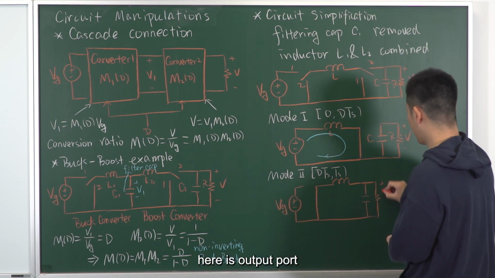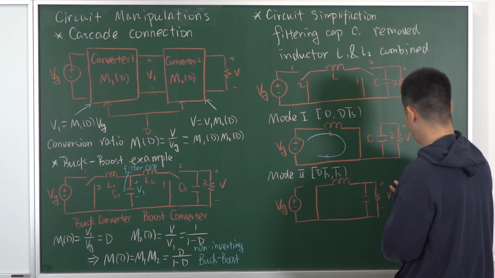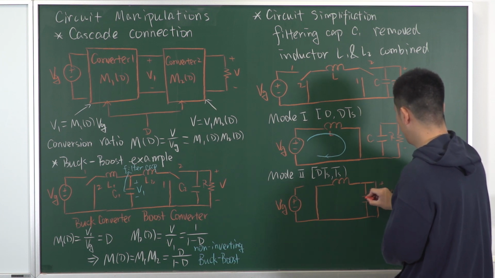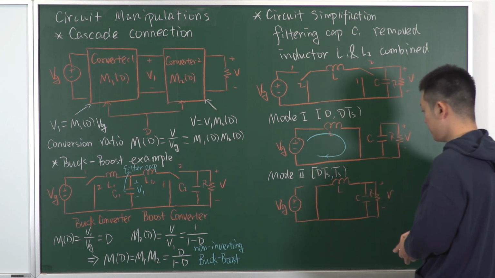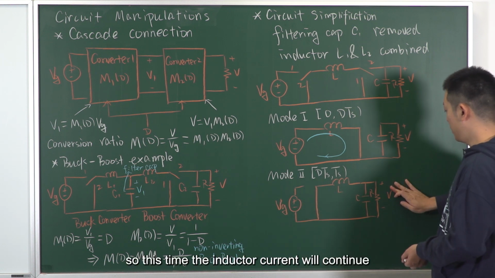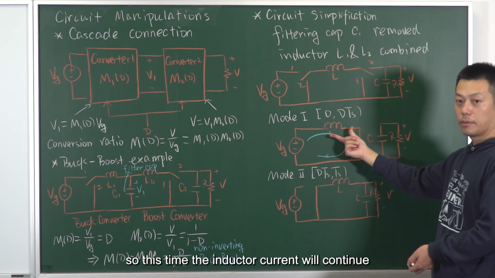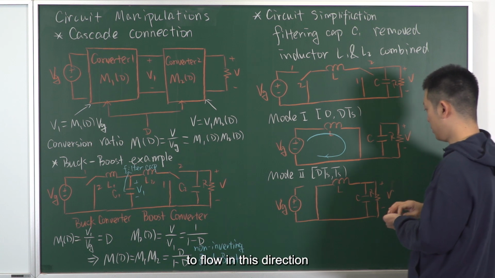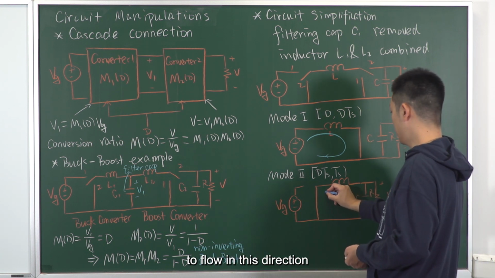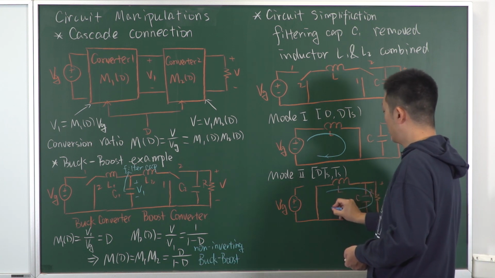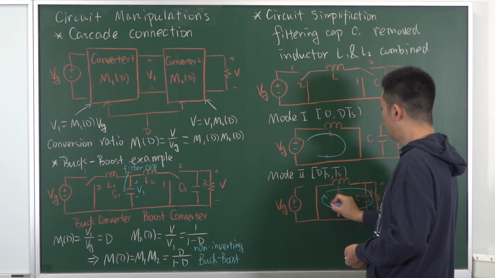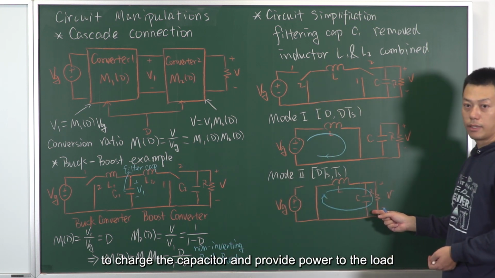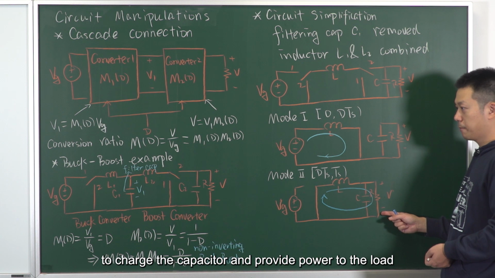Here is the output port. So this time, the inductor current will continue to flow in this direction to charge the capacitor and provide power to the load.